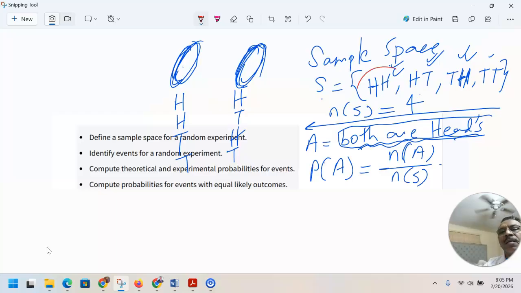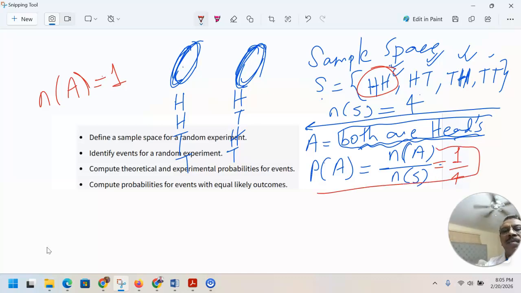So n of A, how many outcomes favor both heads, is only one. That means it is one out of four, and you're done. That's the understanding of A.